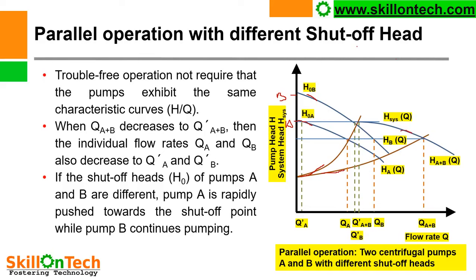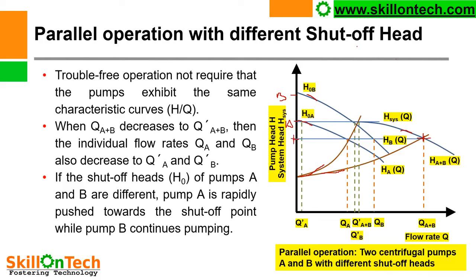If the pumps are operated here and this is the operating point, then we will get trouble-free operation and a flow rate QA plus B, and the head will be this much.